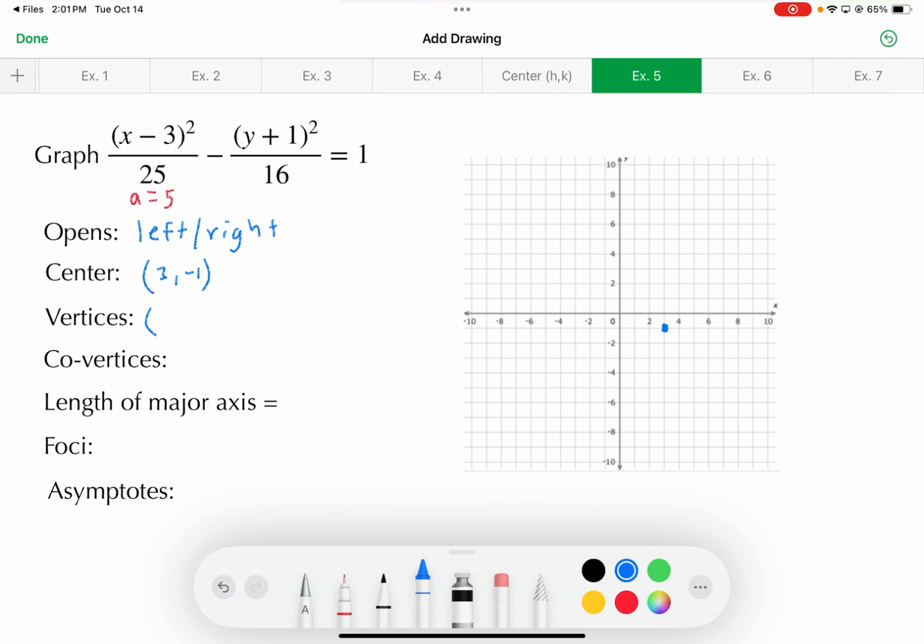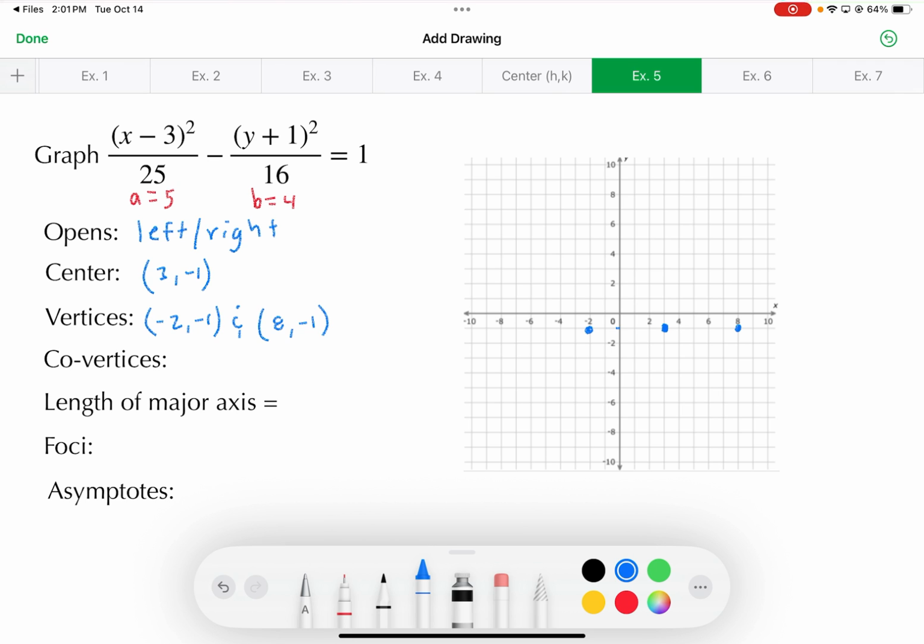A gives me my vertices. If we opened left and right, I've got to move 5 right and 5 left. So the vertices would be (negative 2, negative 1) and (8, negative 1). What's my b value? 4.